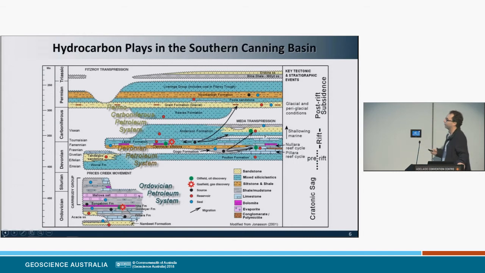Just before I move on to the actual gravity data, I thought I'd touch upon the stratigraphic column in the Canning Basin. We're really starting in the Ordovician. There's a bit of interest in there, but it's pretty deep, it's pretty old, rocks are pretty tight. So most of the interest for Buru currently sits around the Devonian petroleum system and the Permo-Carboniferous petroleum system.